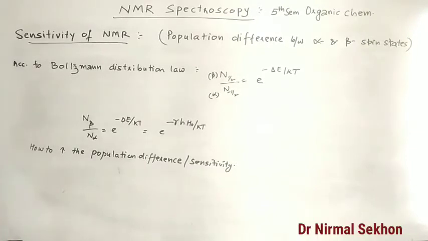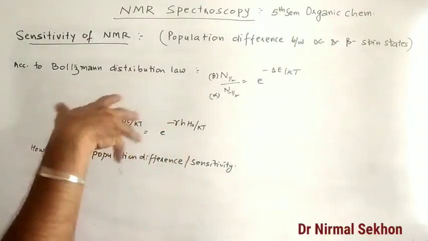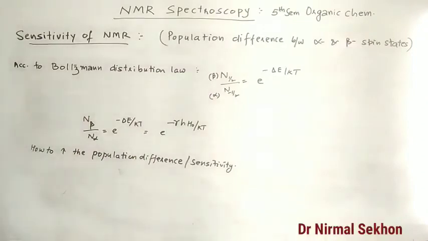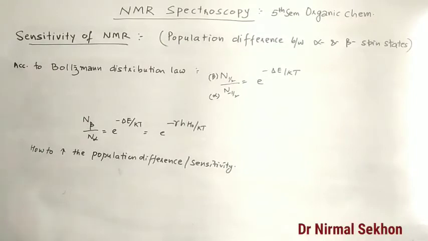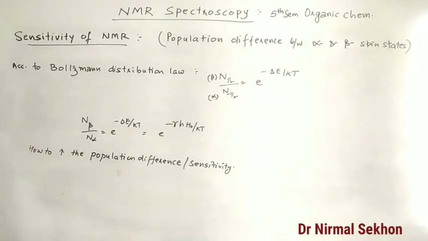But we must increase this ratio, the population difference, because the more the population difference between the alpha state and beta state, the more energy is absorbed from the radio wave, and more energy absorbed means the method becomes more sensitive and a more intense peak appears in the spectrum. So to increase the population difference, we must increase the energy gap.